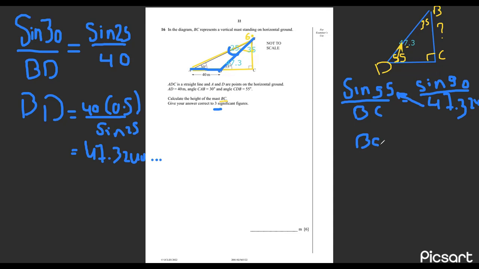Because sine 90 is equal to 1, the BC now would be equal to 47.3 multiplying by sine 55. He needed 3 significant figures. So the BC now will be equal to 38.7. It's fine because he needed 3. It has 6 marks.